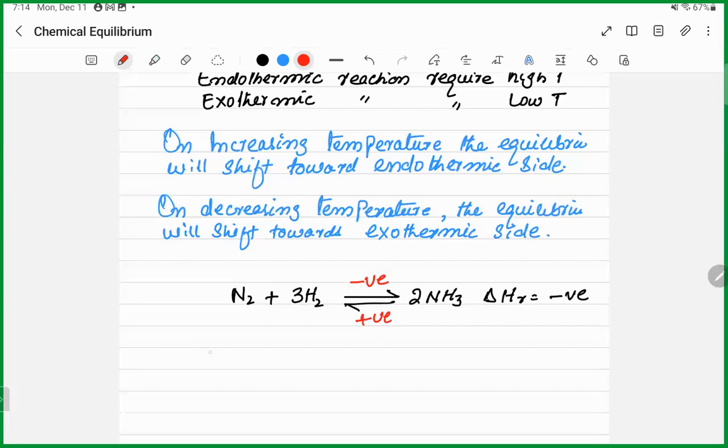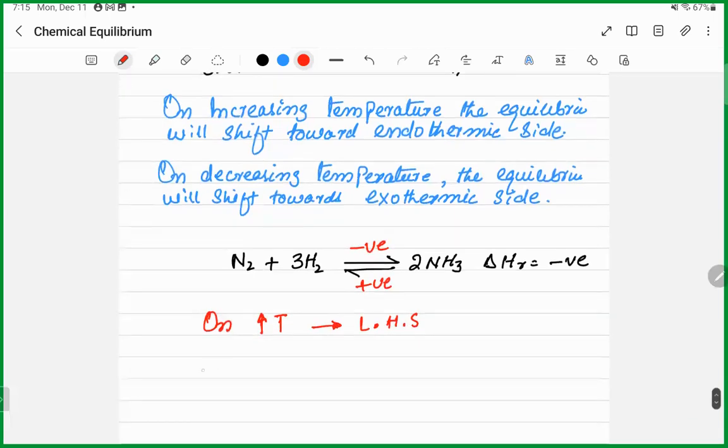So on increasing temperature, the equilibrium will shift towards लेफ्ट हैंड साइड, है ना? रिएक्टेंट साइड पे शिफ्ट होगा. ऑन डिक्रीजिंग टेम्परेचर द इक्विलिब्रियम शिफ्ट टुवर्ड्स राइट हैंड साइड. ठीक है? और इसका रीजन लिखना होगा.